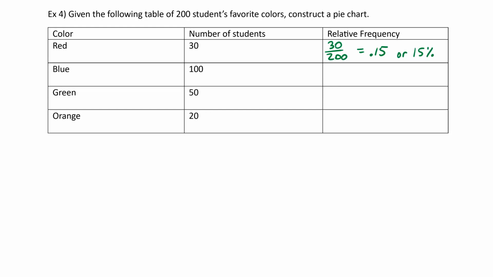For pie charts, sometimes it's a little easier if you think about it as a percentage rather than a decimal. They mean the exact same thing, so use whichever one you want to think of it as. For blue, it's going to be 100 over 200, which is 0.5, or 50%.